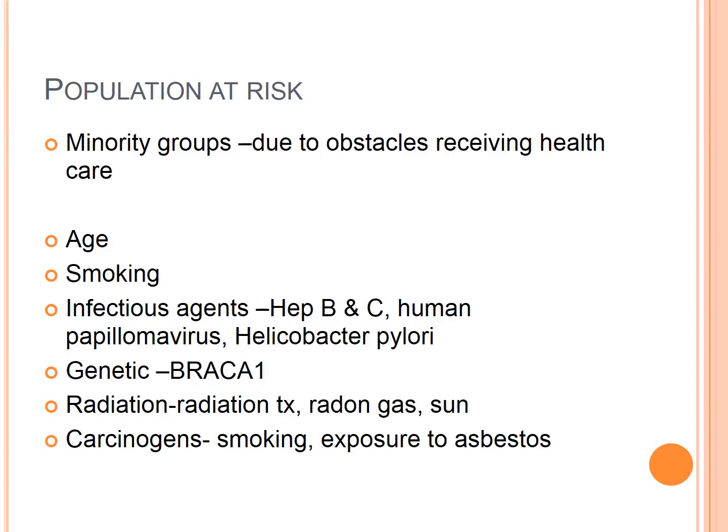So when you hear of certain genes that are tumor suppressor genes, such as BRCA1 and BRCA2, they have been found to be associated with a higher risk for developing breast cancer. Radiation, so treatment with radiation.